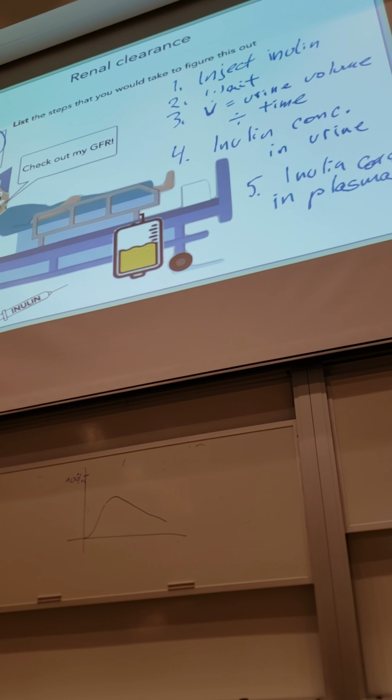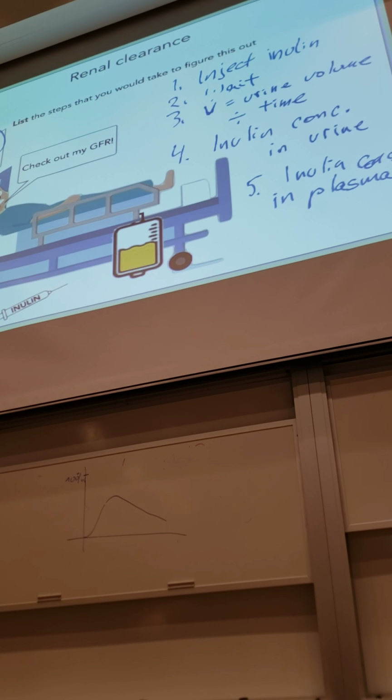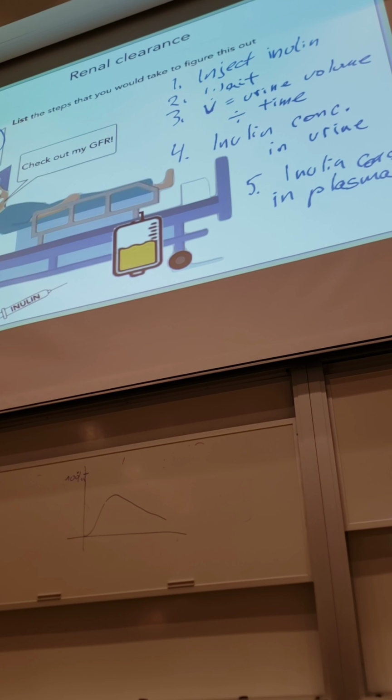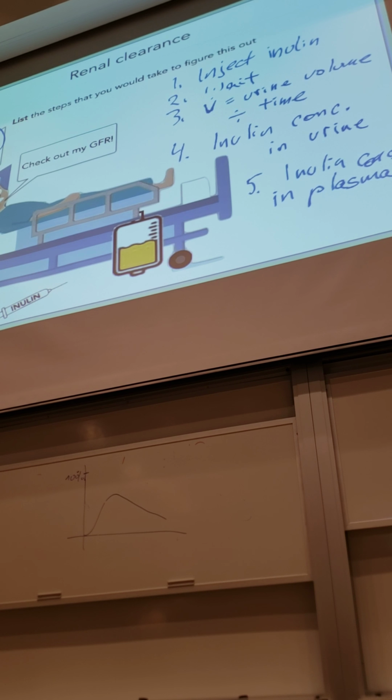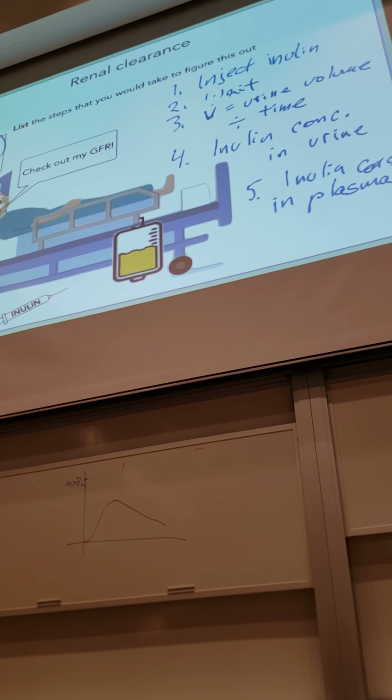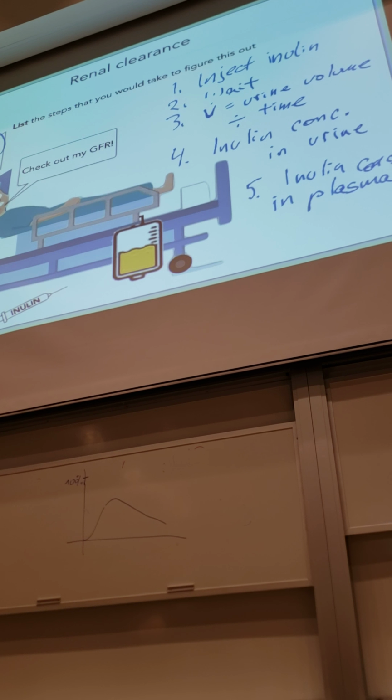So the clearance rate of inulin, if we put that into words, what do we mean when we say the clearance rate of inulin? The amount of inulin, or the amount of plasma, what do we say? Cleared. Excreted. What does it mean to clear inulin? The amount of plasma per unit time that no longer has any.